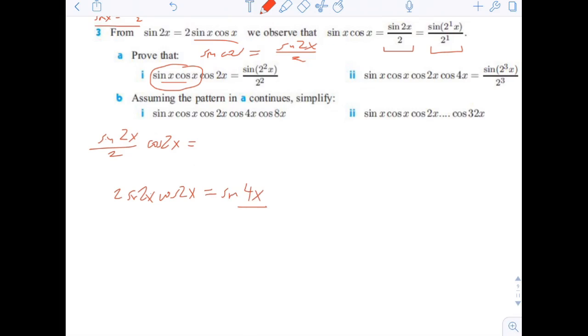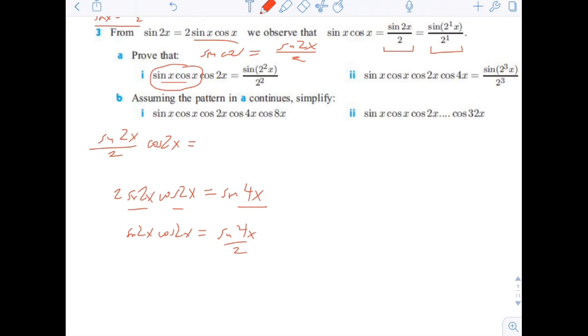If you have a double angle, you can do 2 times the sine of the single angle times the cosine of the single angle. So we can take sine 2x times cosine 2x divided by 2 and divide the other side by 2, and we'll end up that sine 2x cosine 2x is equal to sine 4x divided by 2.